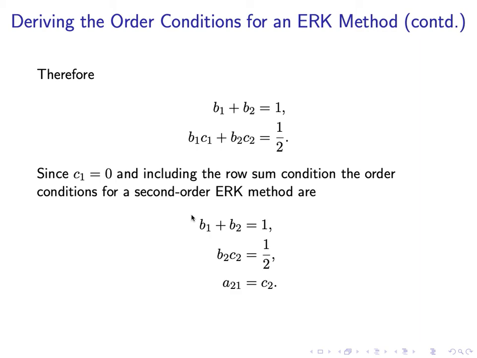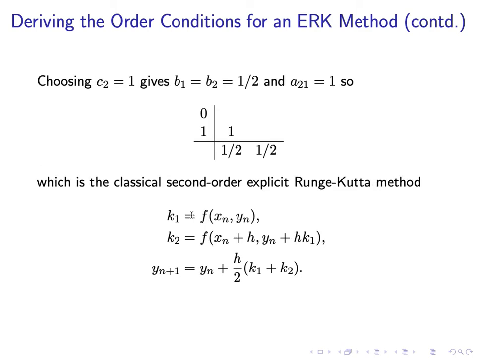If we set one of these unknowns to a value, we can solve for the other 3. For example, if we choose C2 to be 1, this results in B1 and B2 both equal to 1/2, and A21 by the row sum condition has to be equal to 1 as well. And this gives us a Runge-Kutta method which happens to be the same as the classical second order explicit Runge-Kutta method.